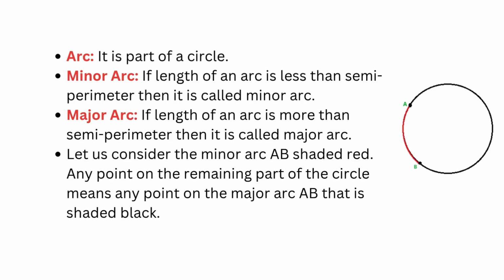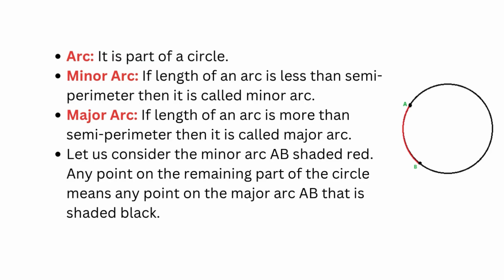What is 2? It is a constant. What is pi? It is the ratio of the circumference of a circle to the diameter, and r is the radius of the circle. So if 2 pi r is the perimeter, semi-perimeter means half of it. And if the length of the arc is less than the semi-perimeter, then it is called a minor arc. So AB shaded red is the minor arc.